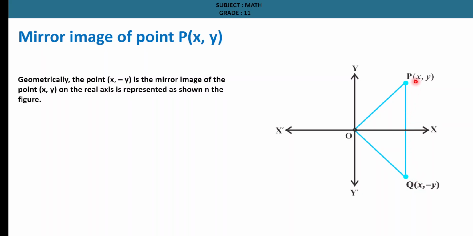Geometrically P x, y is this point. The mirror image of P x, y is Q x, minus y. So geometrically the point x, minus y is the mirror image of the point x, y on the real axis, as shown in the figure.